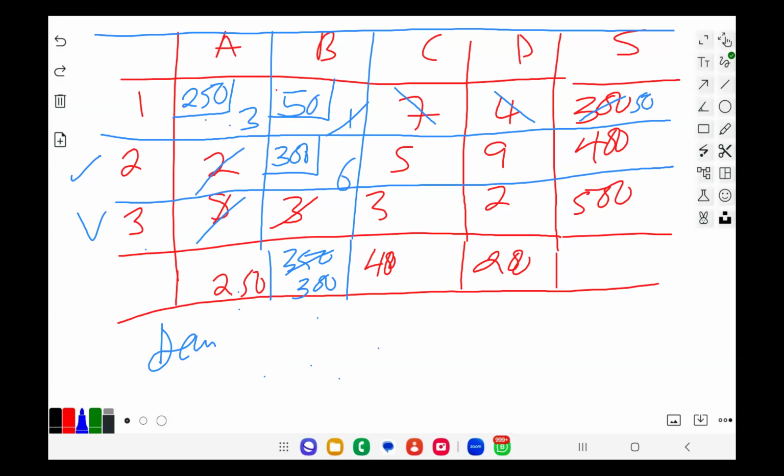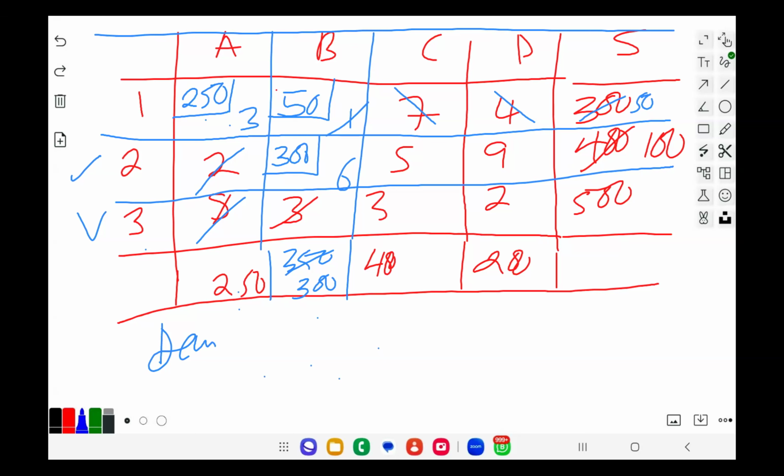Then let's move along the row. We have supplied 300. We had 400. It means we have remained with what? 100. Okay. Let's go to the next corner.